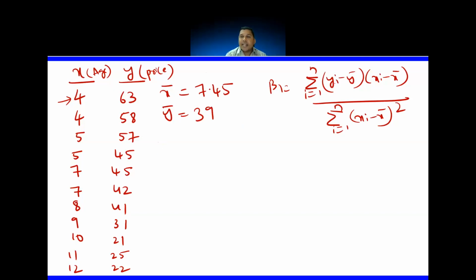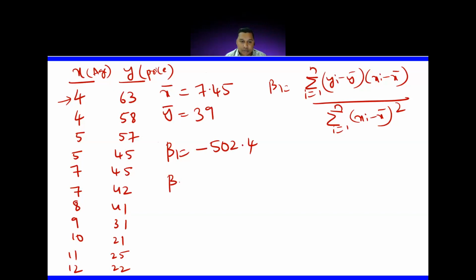First one, yi minus y bar, so 63 minus 39. I'm directly writing the result, you please try to calculate it. You get the value of beta 1 as minus 502.4. This is your beta 1 value.